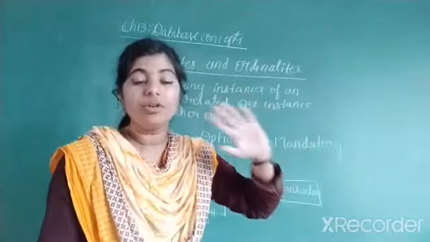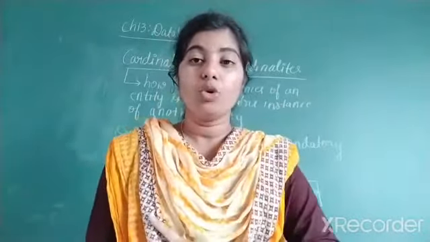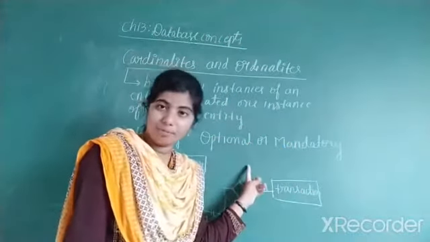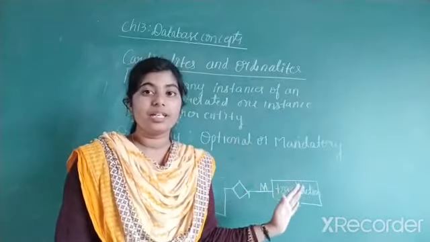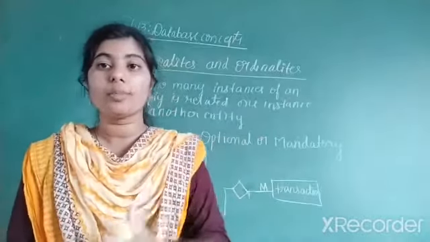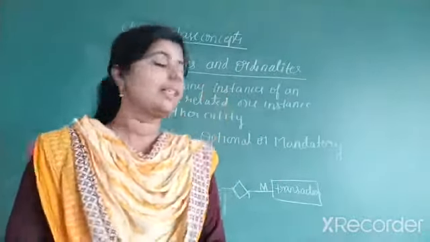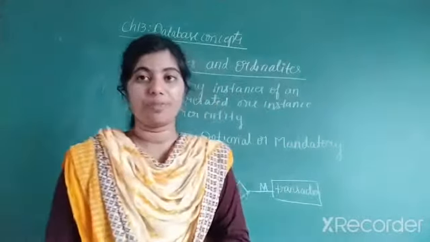You must remember, if the minimum number of relationships is 0, that relationship is optional. ಬರೆದ್ರೆ ಬರೀಬಹುದು, ಇಲ್ಲ ಅಂದ್ರೆ ಇಲ್ಲ. If the minimum number of relationships is one or more, that is called a mandatory relationship.